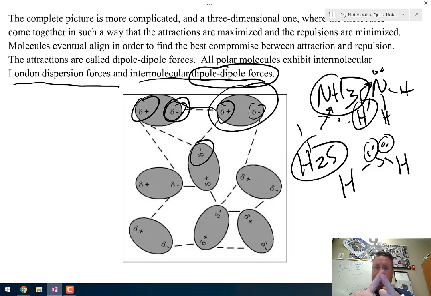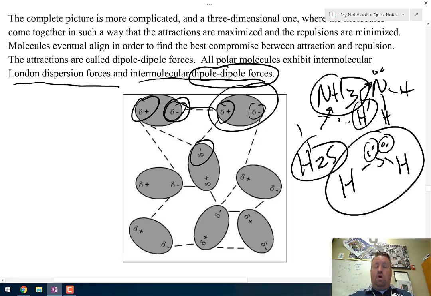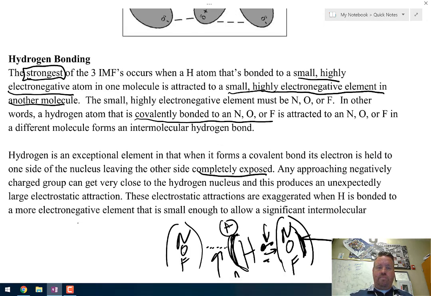It experiences hydrogen bonding, dipole-dipole, and London dispersion forces. Whereas H2S only experiences dipole-dipole forces and London dispersion forces. That hydrogen is not bonded to an N, an O, or an F, so it can't form a hydrogen bond with another H2S molecule.